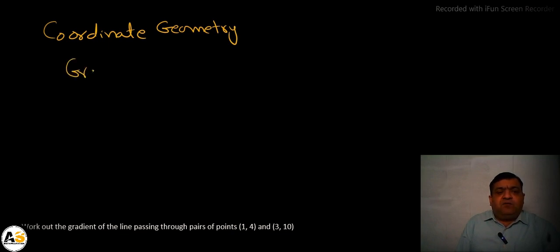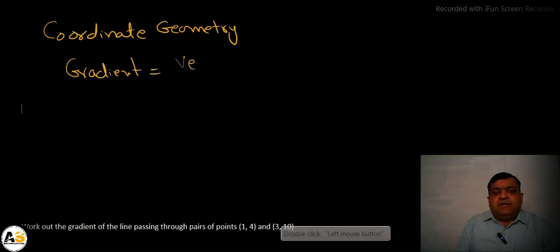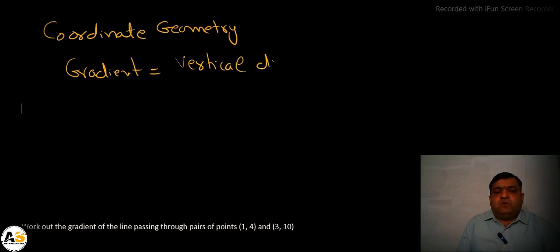The formula for finding the gradient of a straight line whose 2 points are given is vertical distance or height between two points over horizontal distance.